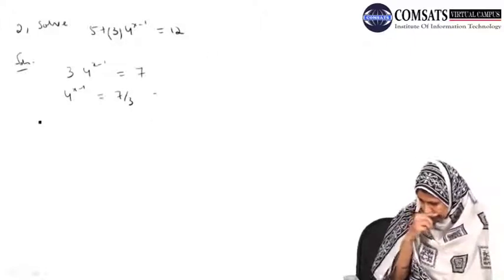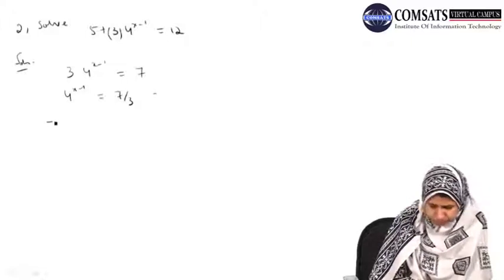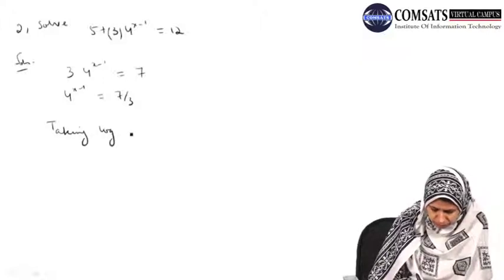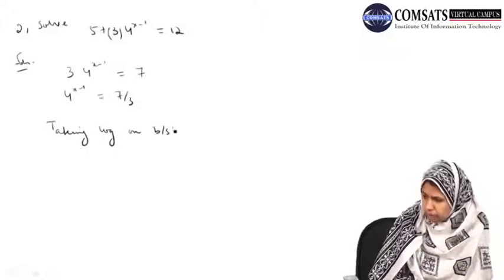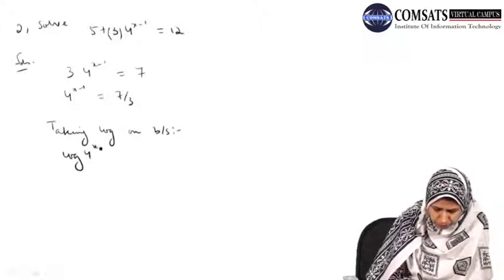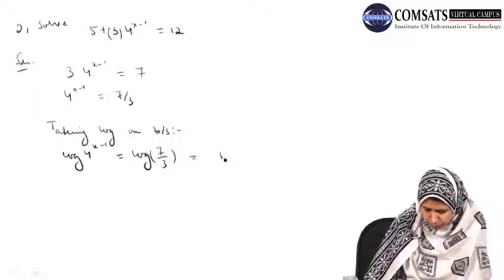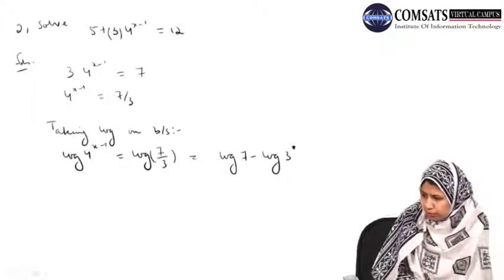Now taking the log on both sides, we obtain log of 4 to the power x minus 1 is equal to log of 7 by 3, which is by property log of 7 minus log of 3.